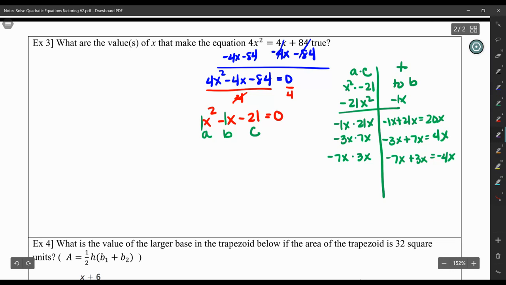Since there are no numbers that multiply to negative 21x squared and also add to be negative x, this doesn't factor. And so we say that this cannot be solved by factoring.